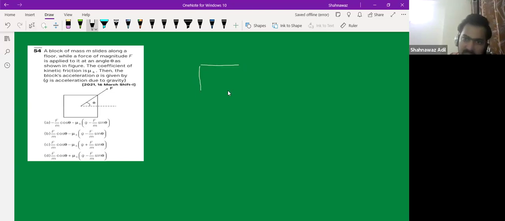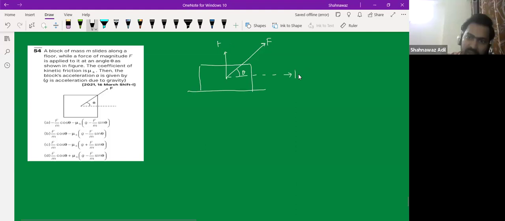So we have this thing. The force is at some angle, so this is the force, which means it will have two components. This force will have this component sine theta and this component cos theta.